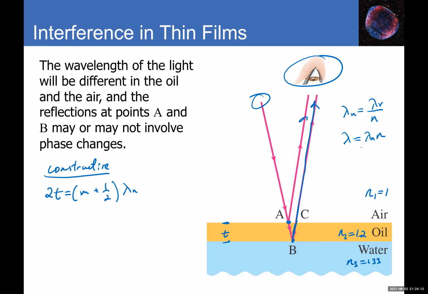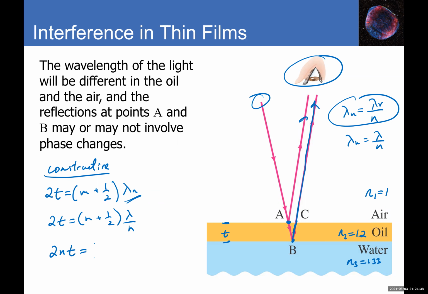Or, if I take this lambda n and replace it with lambda over n, then 2t is equal to m plus 1 half times lambda over n. And I can also move this n, so 2nt is equal to m plus 1 half times lambda. So this will be the condition for constructive interference.